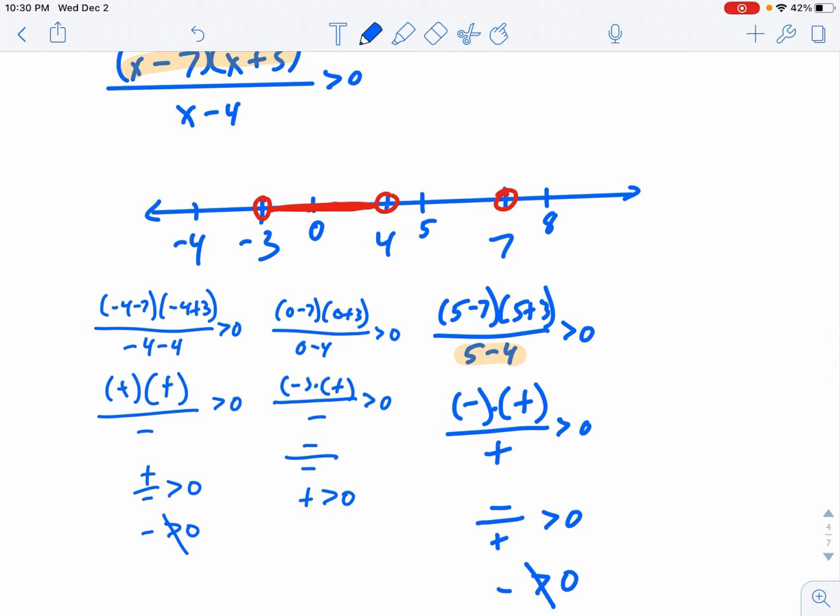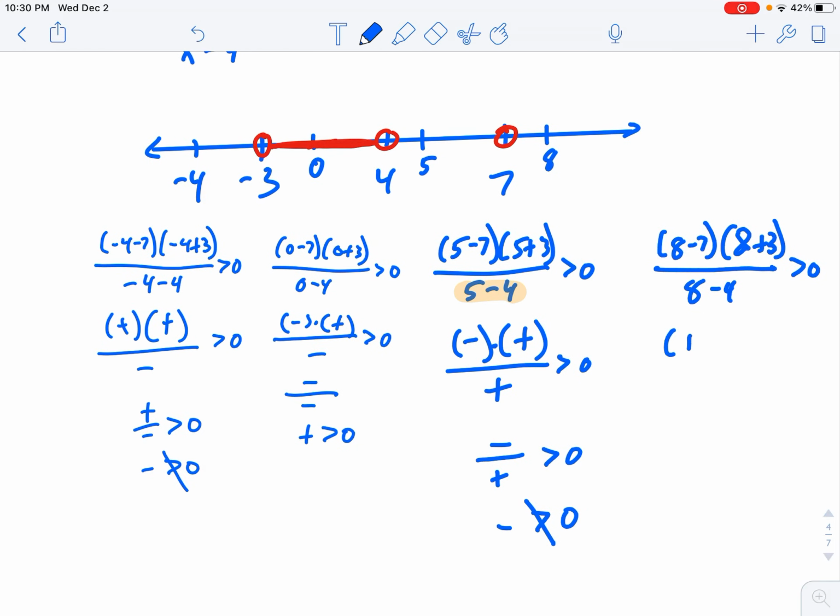Now let's do 8. 8 minus 7. 8 plus 3, I don't know what was wrong with that 8. 8 minus 4, is that greater than 0? That's going to give me a positive, and a positive. Positive times positive, positive divided by positive, yeah. Kind of rushing, but yeah, that works out.